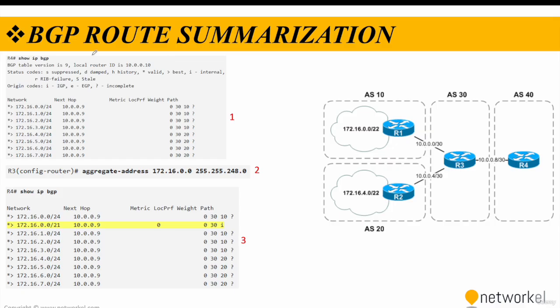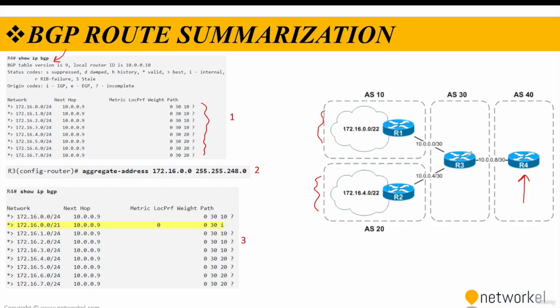Let's have a look. Here in router 4, first of all, I'm typing show IP BGP.